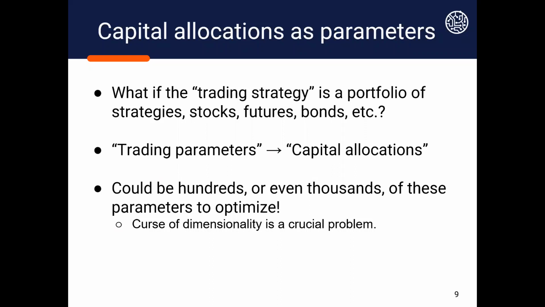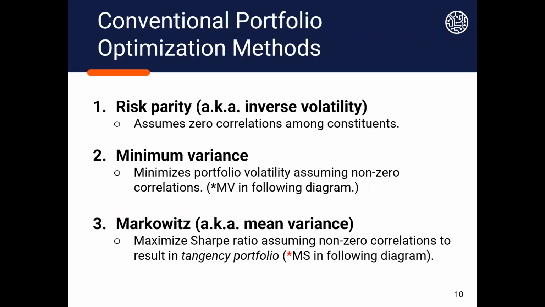Okay, so in traditional portfolio optimization methods, you must be familiar with at least 3. One is risk parity, sometimes also known as the inverse volatility portfolio. It is very simple.